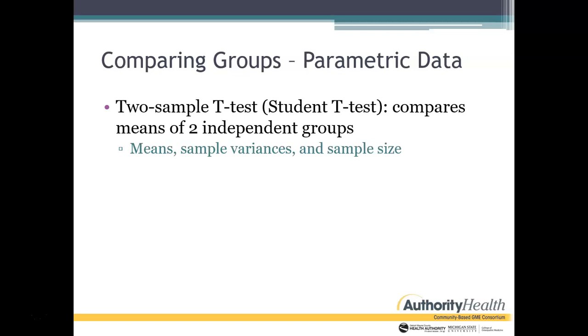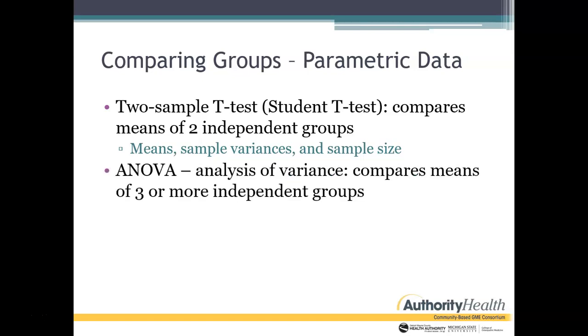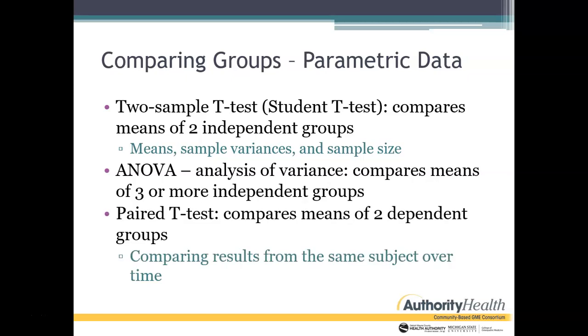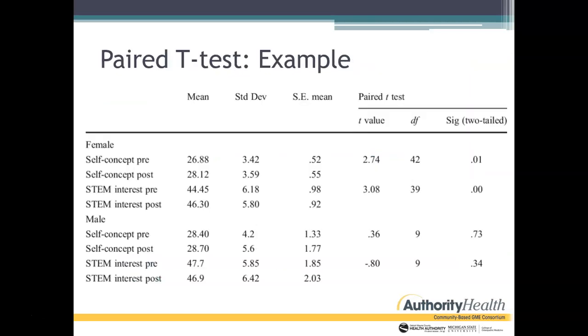We just talked about the student t-test, which compares the means of 2 independent groups. So we're looking at means, sample variances, and sample size. ANOVA is the analysis of variance, which just compares means of 3 or more independent groups. So this is looking at, obviously, more than 2. The paired t-test compares the means of 2 dependent groups, like we just talked about in the last slide, looking at results from the same subject over time.